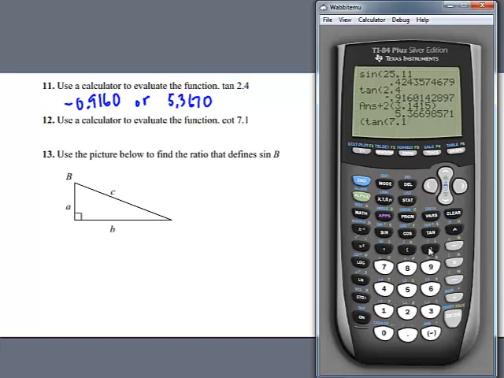Remember that we were already in radians, always double check. And once we take the tangent, I want to take the reciprocal. And the reciprocal is, where is this? Ah, there's the pi button over here. There it is, reciprocal.